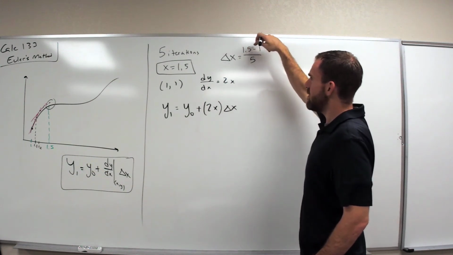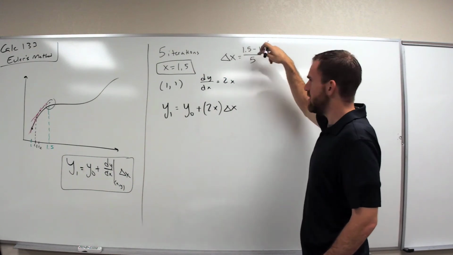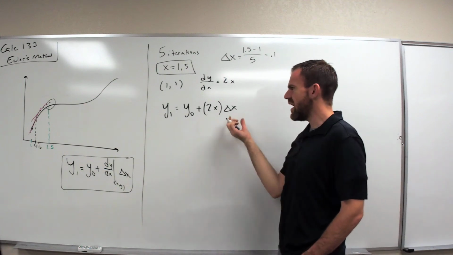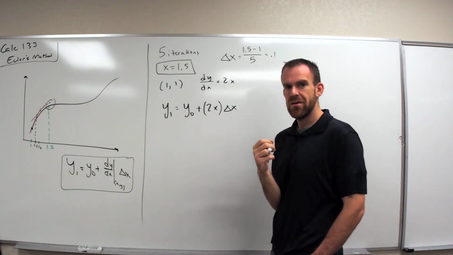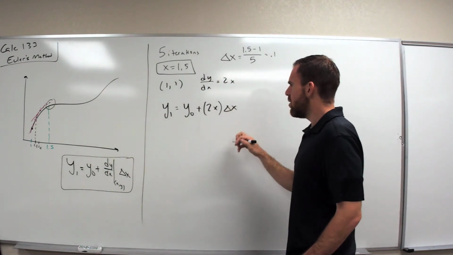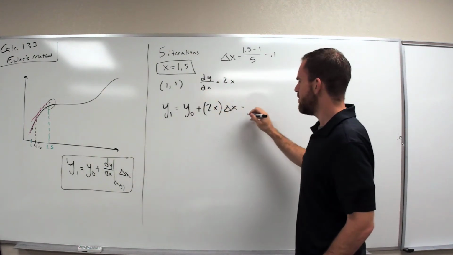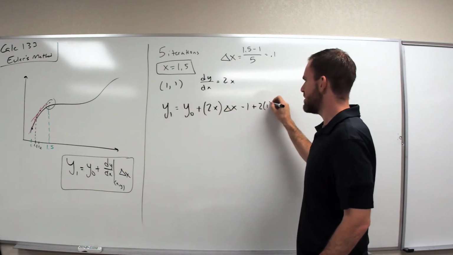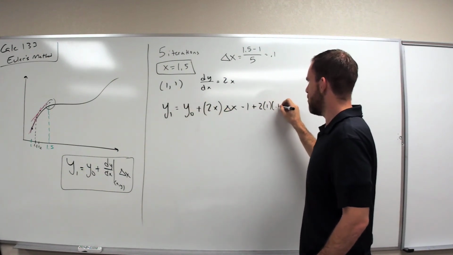The value you want minus your starting value divided by the number of iterations. So each of our iterations is going to have a delta x of 0.1, just like in the example over here. Okay, so y0 is 1 plus 2x, x is 1 in this case, delta x is 0.1.